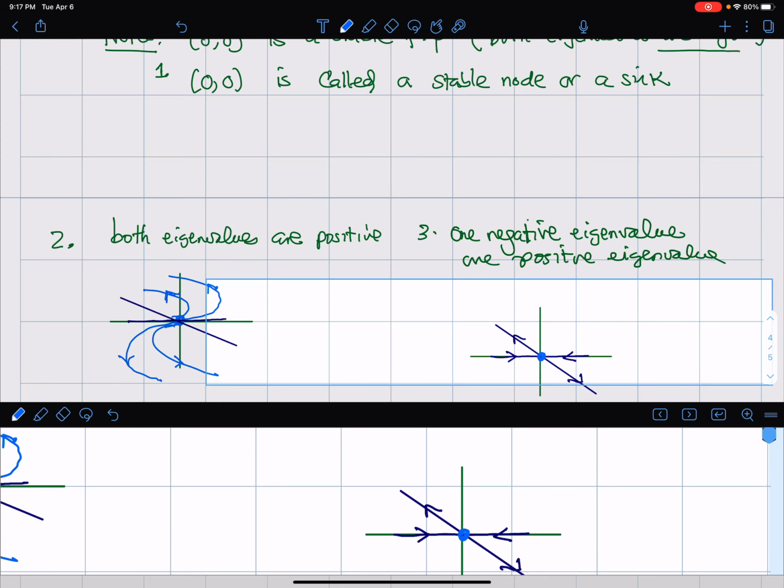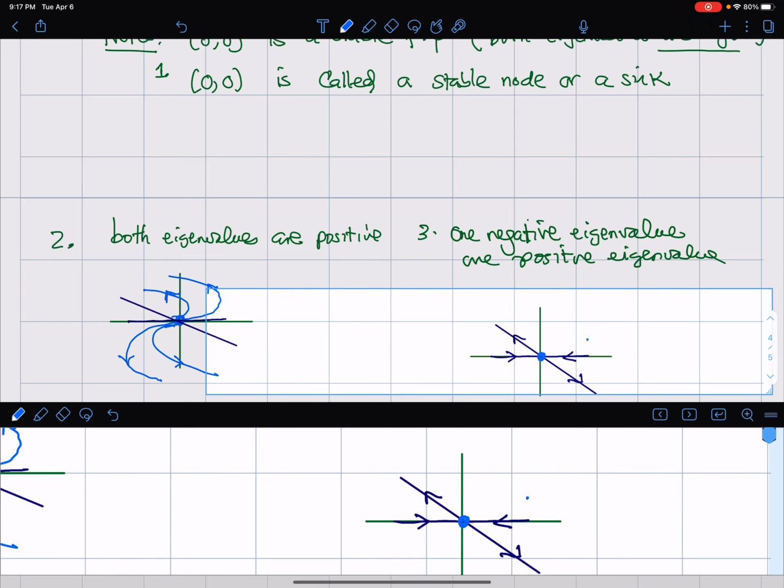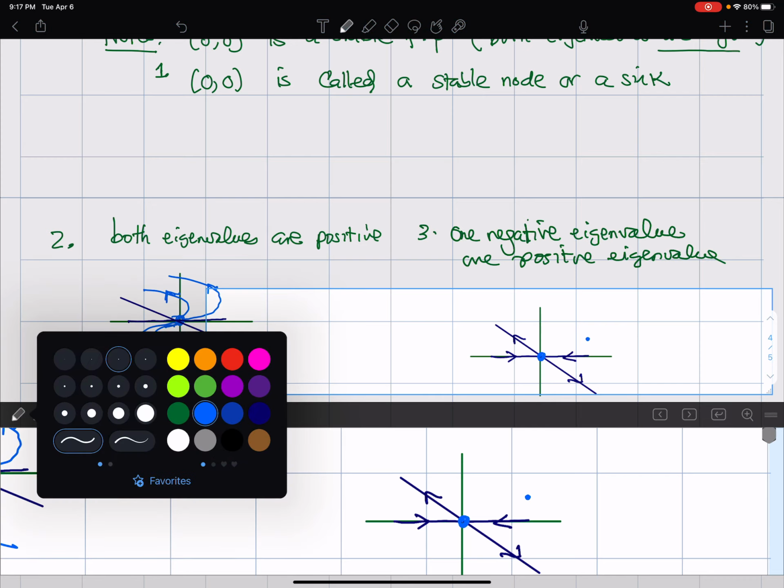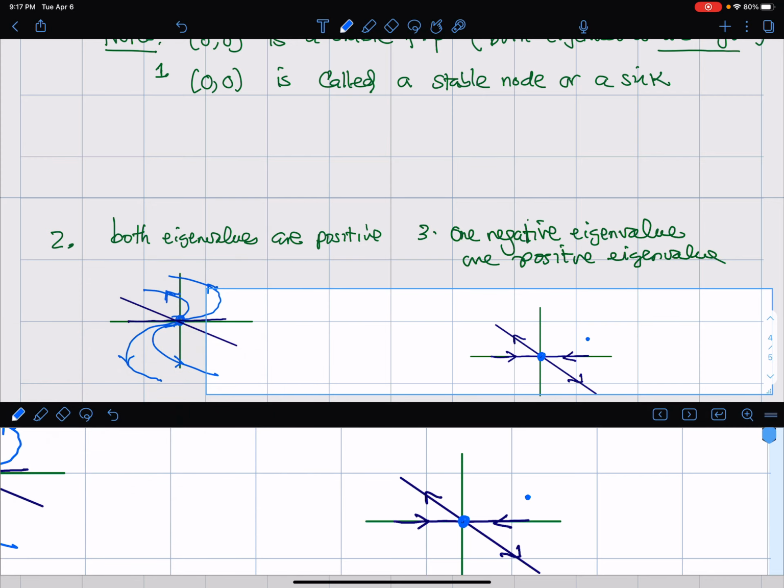So what do we have? The trajectories are going to be undecided. If you have a trajectory that starts over here, the trajectory is going to want to go to the fixed point, 0, 0. But one of the eigenvectors, the one with the arrow pointing inwards, is going to be attracting it towards the fixed point, and the other eigenvector is going to be pushing it away from the fixed point.